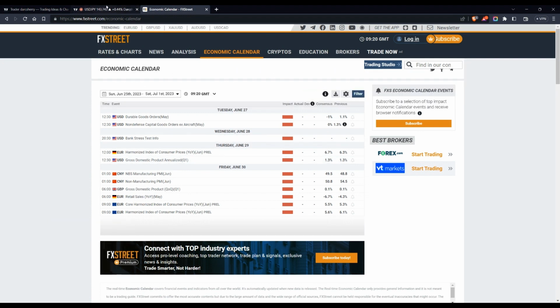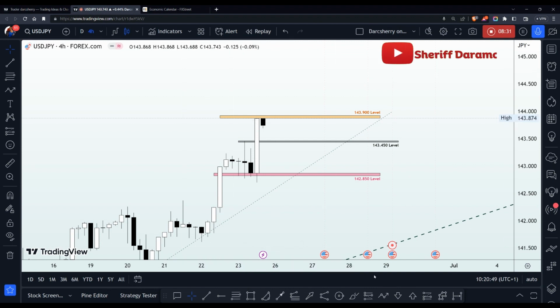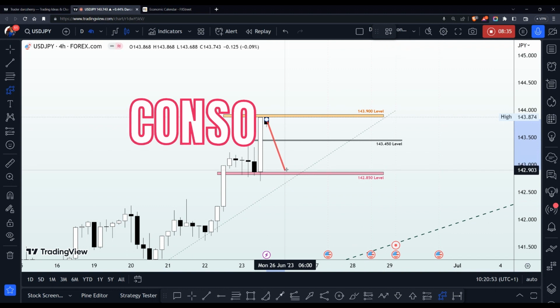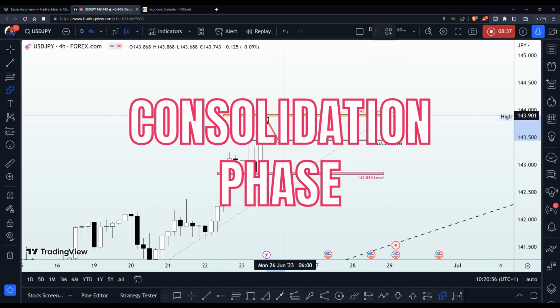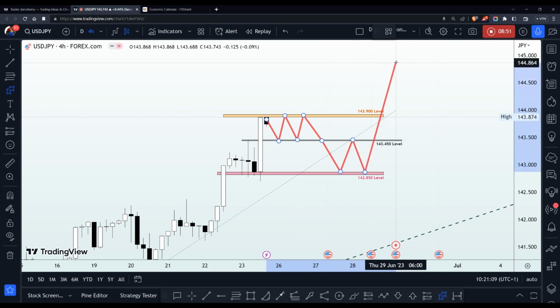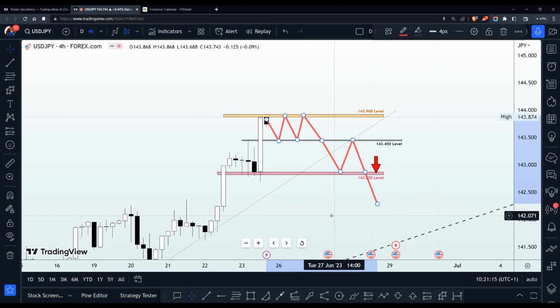And the anticipation of these events could reflect on the chart as a consolidation phase, which might likely be within the range here between the 143.900, or it could even drop into the 142.850 before a significant move either to the upside or to the downside happens to give us an idea of where price action is likely going to be going for the week.